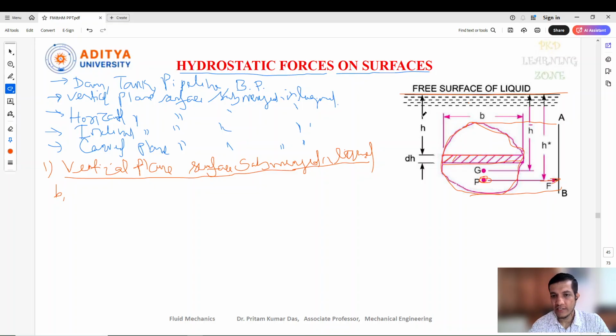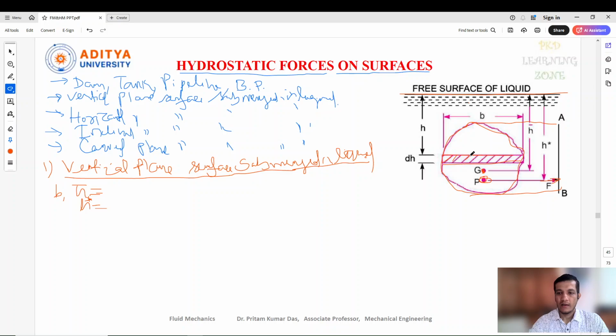H bar, you need to remember, is the distance from the free surface to the center of gravity G. H star is the distance from the free surface to the center of pressure.